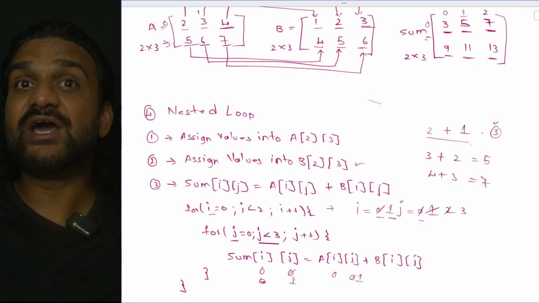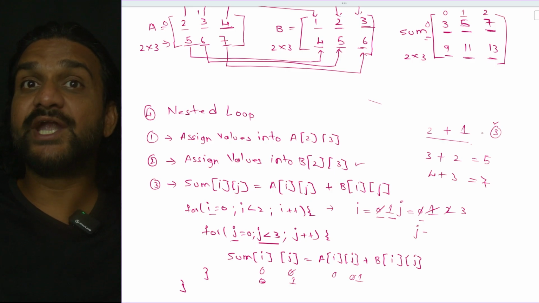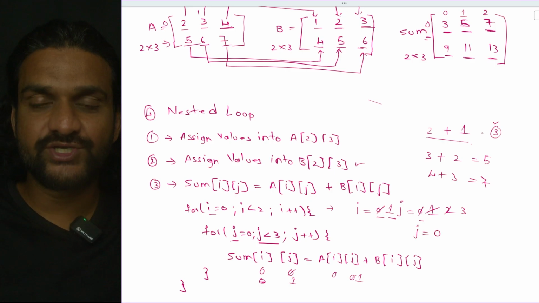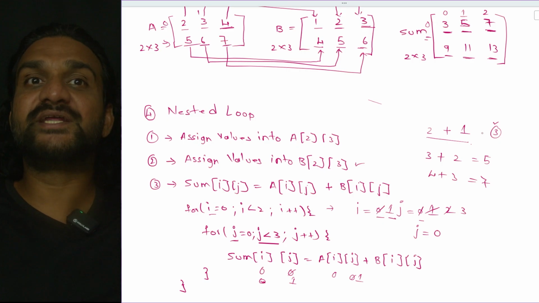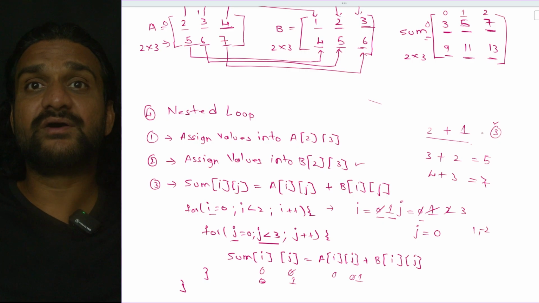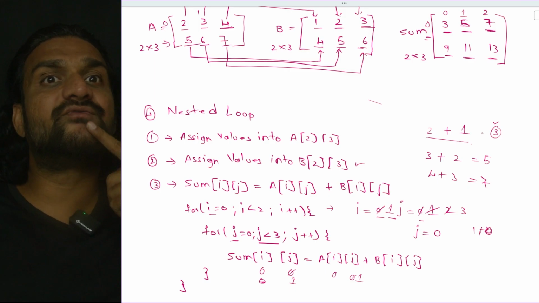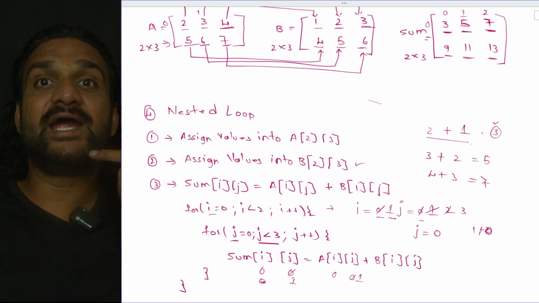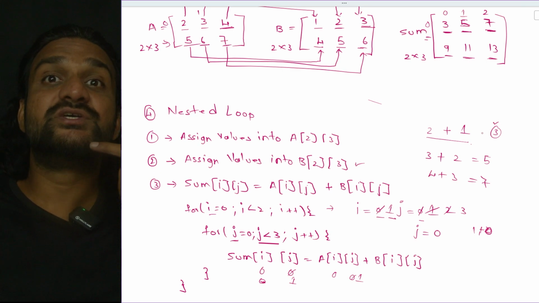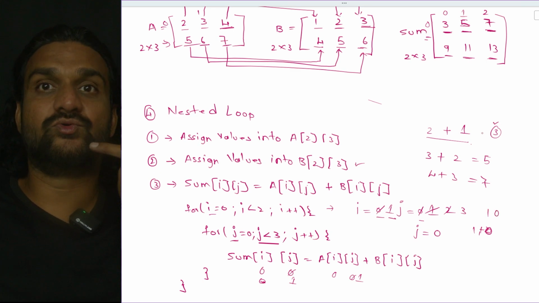Now what is the initial value of j? In this new iteration, the initial value of j is 0. Now how is the summation done? The value of i is 1 and the value of j is 0.